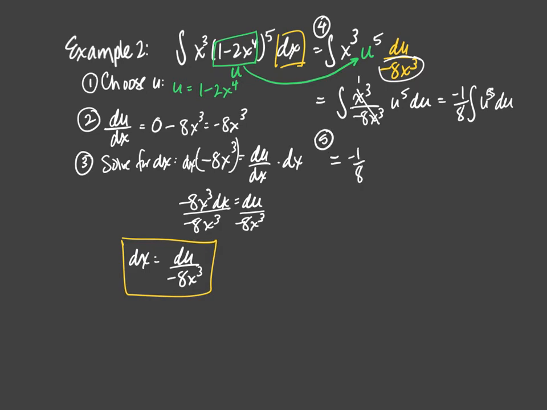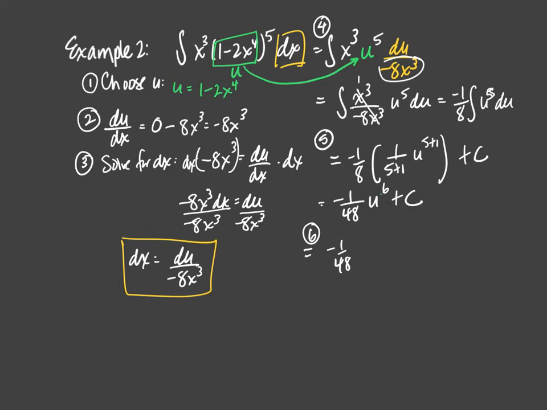So step 5 is the integrate step. The antiderivative of u to the 5th is 1 over 5 plus 1, u to the 5 plus 1, plus c. So this is 1 over 6, so 8 times 6 is 48. And last step is substitute back again.